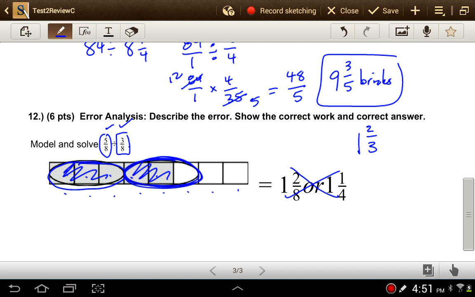So then I have to describe my error. My error is I did not correctly write my answer.